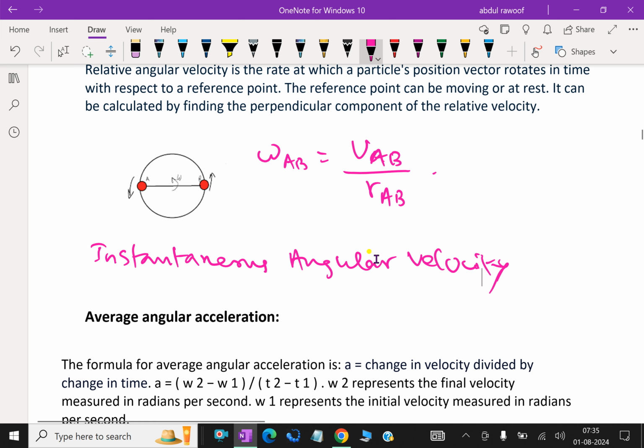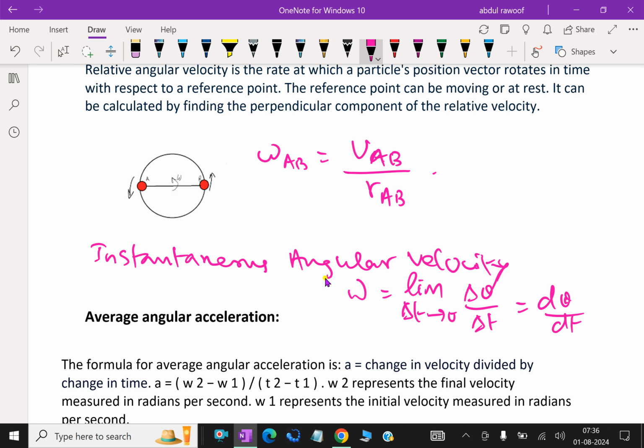It is called instantaneous angular velocity, that is ω equals the limit as Δt tends to 0 of Δθ/Δt, which equals dθ/dt.